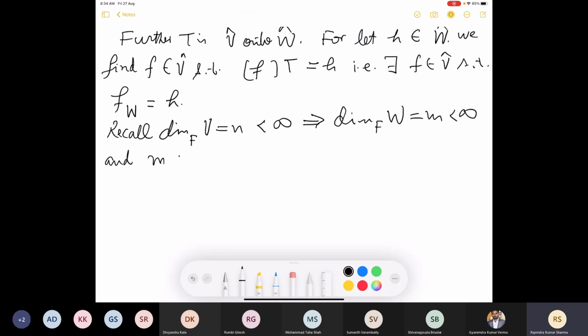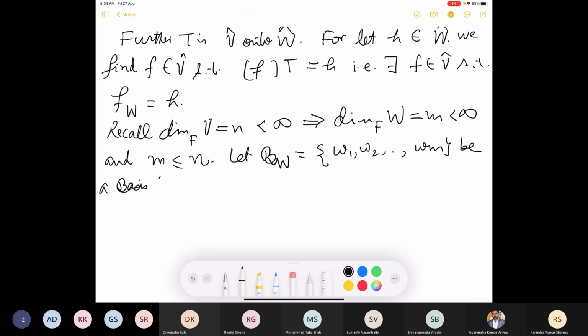And we also know that m cannot exceed n. Okay. So let us take a basis for W over F. Let B_W, consisting of w1, w2, up to wm, be a basis for W over F.